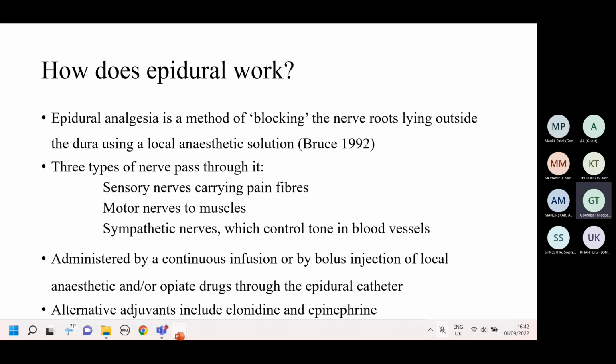But if it's a concentrated solution and the volume used is more, the patient may get a motor block, right? And it can be administered by continuous infusion. First, when you put an epidural, you check with the test dose, and then you can continue with the continuous infusion or by bolus injection at the theater, and it should be continued in the post-operative period.